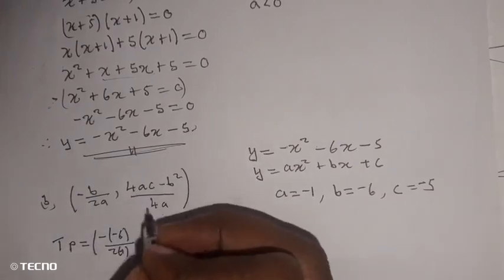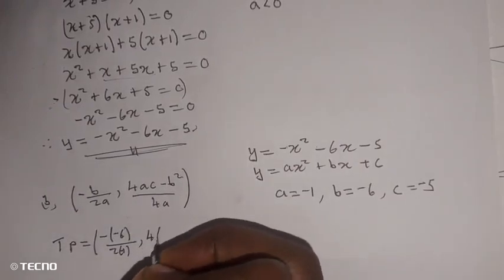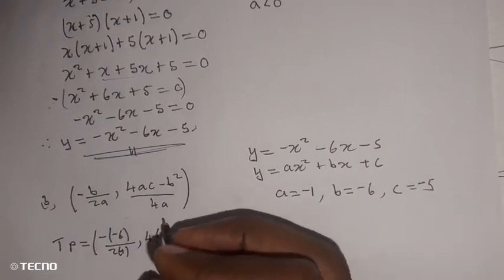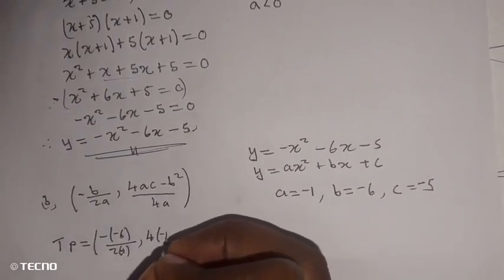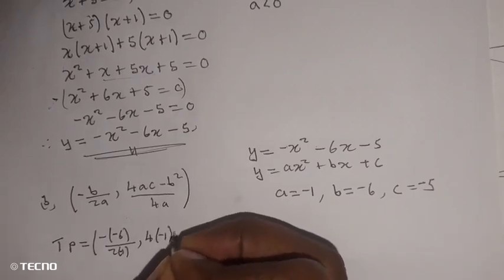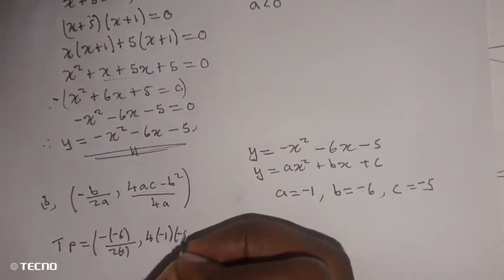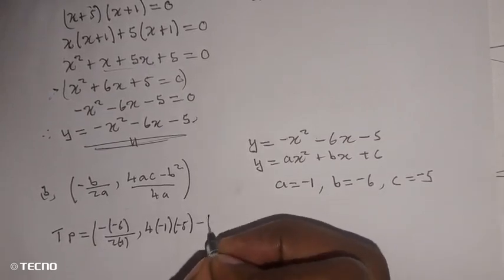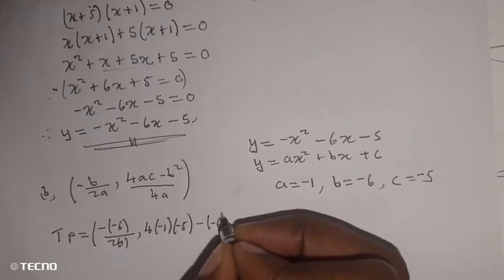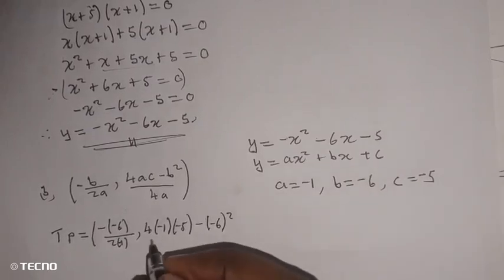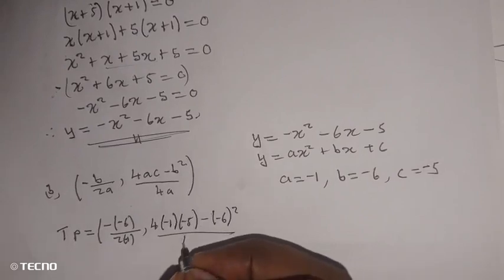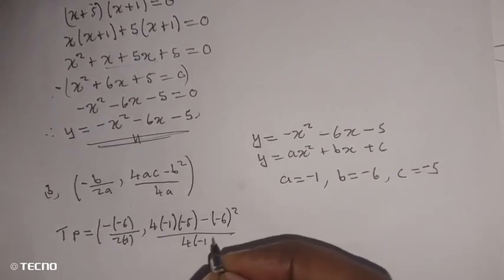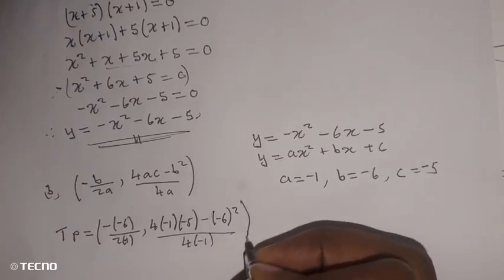Negative 1, comma 4. Our a here is negative 1. Then c is also negative 5. Then minus our b here, negative 6, then we square, over 4 times negative 1. So this is what we have.